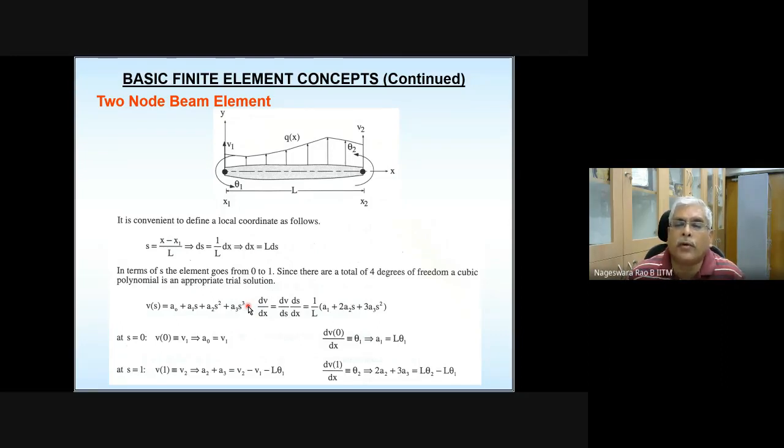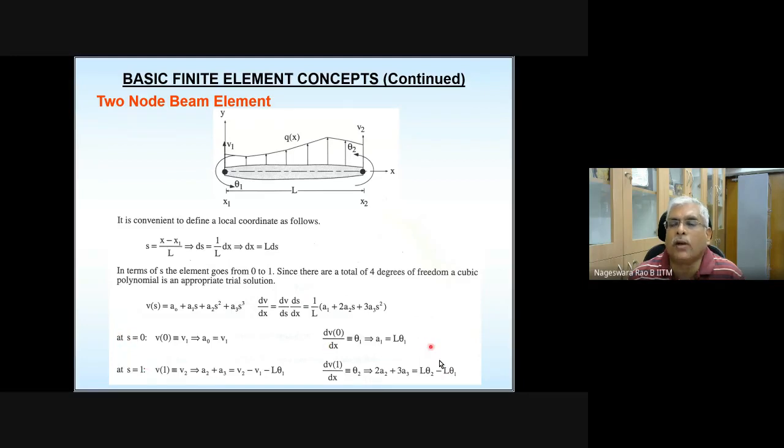How do I get the 4 boundary conditions? I am going to equate this V to V1 and V2 at these 2 nodes. I am going to equate this derivative of V with respect to X at both nodes, at this node to theta 1, at this node to theta 2. So that is what is done here.